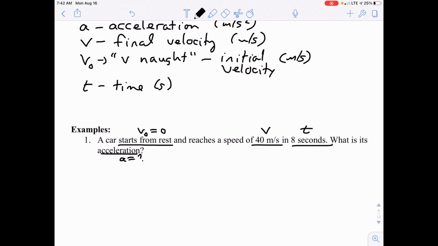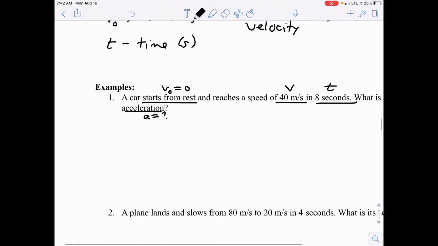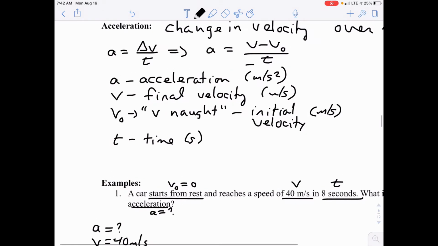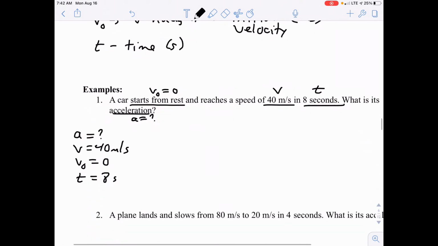So we annotate the problem twice. We annotate it in the question, and then we make a nice vertical list of variables, starting with the unknown. A is the question mark. V is 40, V naught is 0, and T is 8 seconds. The equation we want to use is right here. Let's write it down.